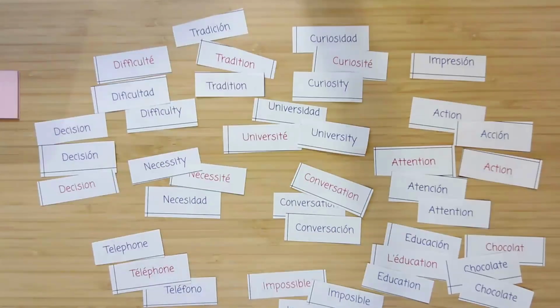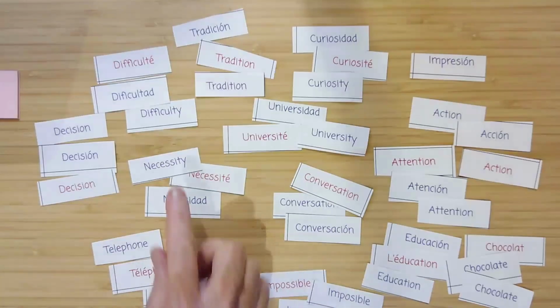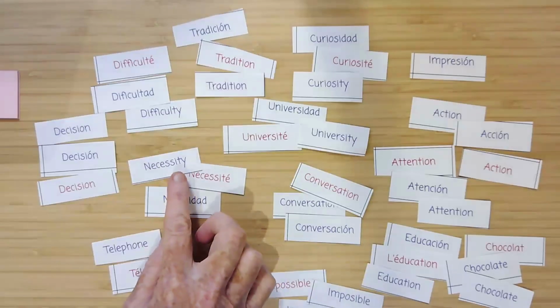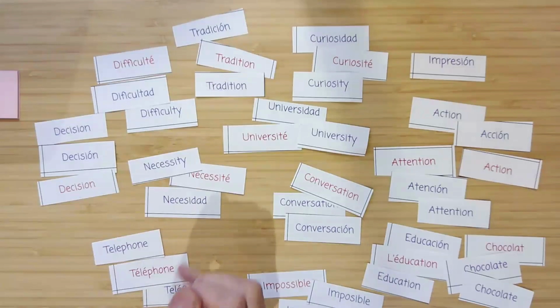So they'll begin to say things like, oh, if I know that the English word is necessity, someone else might know the Spanish word necesidad, but even if they didn't, where there's a Y in English, it looks like there's often a DAD in Spanish, and there's often a T with an apostrophe in French. And then they can go look to see, do they find another word like that?